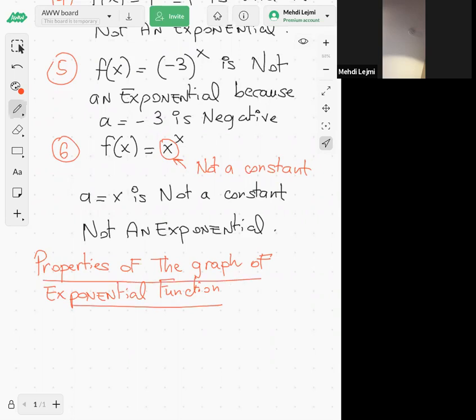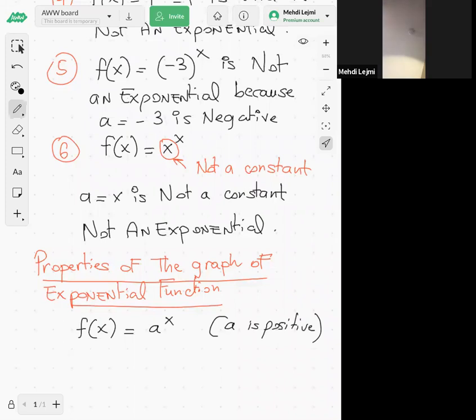Okay, so keep in mind our function f of x is some A to the power x, where A is a positive constant, right?